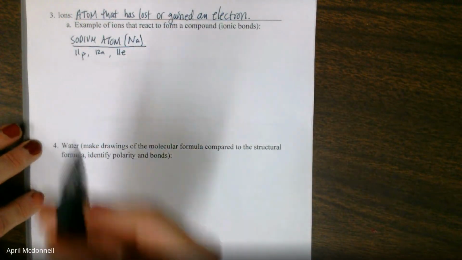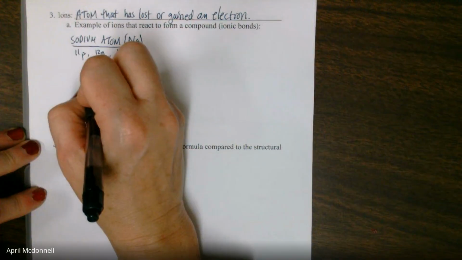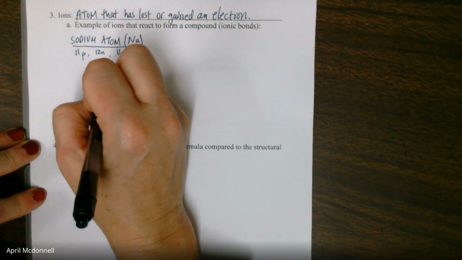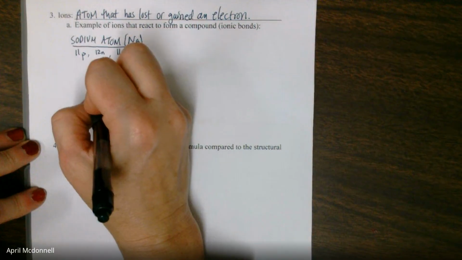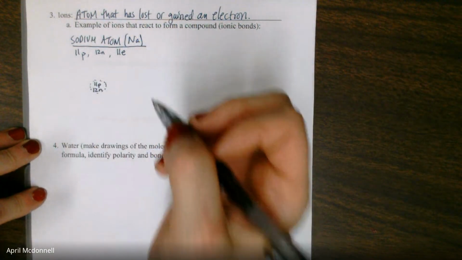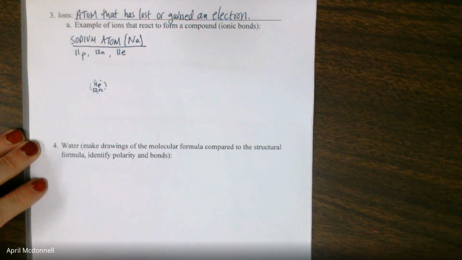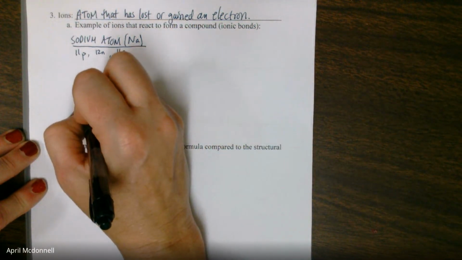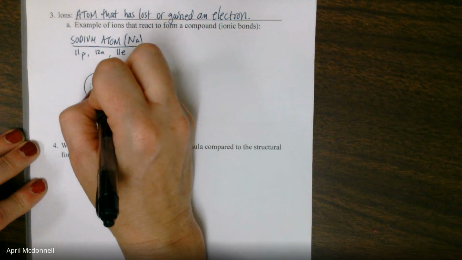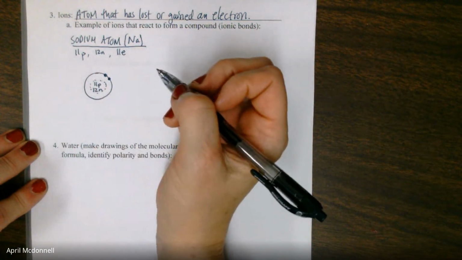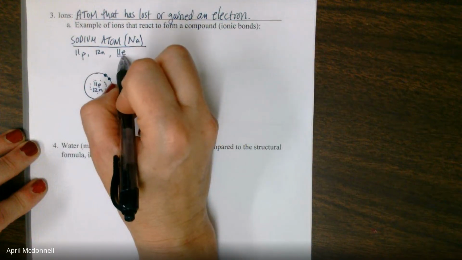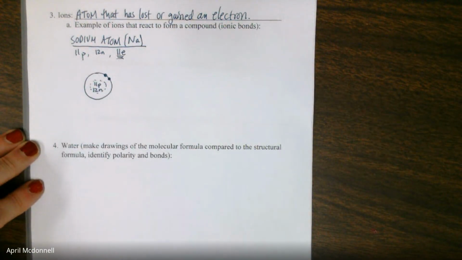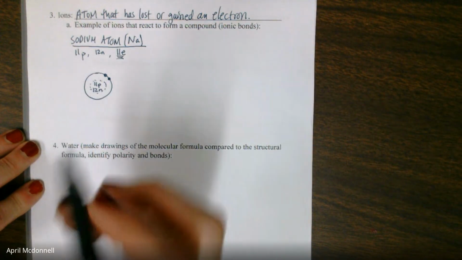So the first thing that we're going to draw on our atom is our atomic nucleus, and we're going to list 11 protons and 12 neutrons inside of it. After that, we're going to draw our first electron orbital shell, which contains 2 electrons. But remember, there are 11 electrons, which means we have 9 more electrons to go.